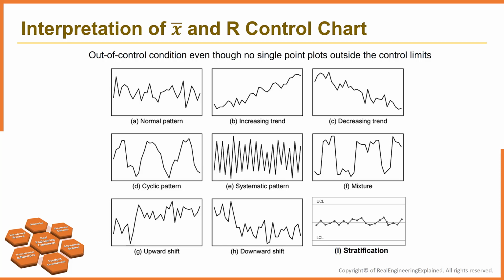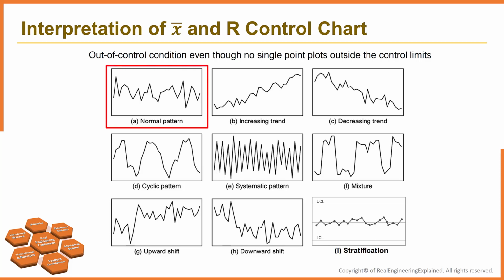In many cases, the pattern of the plotted points will provide useful diagnostic information on the process, and we can use this information to make process modifications that reduce the variability. In interpreting the chart, we must first determine whether or not the R chart is in control. Never try to interpret the Xbar chart when the R chart indicates an out-of-control condition.